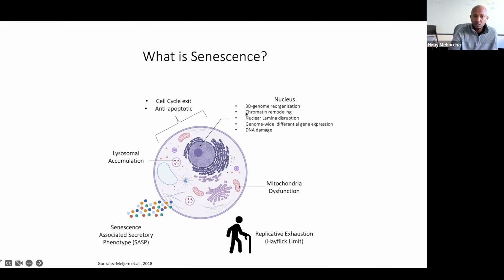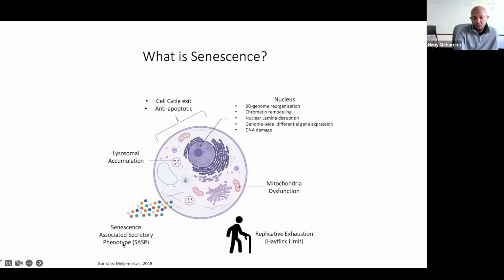But since then, several studies have looked at various features, such as changes in 3D genome organization, chromatin structure, nuclear lamina, and changes in gene expression, as well as accumulation of DNA damage. In addition to that, there are organelle dysfunctions, such as mitochondrial and lysosomal dysfunctions. And these cells are actually toxic to the tissue microenvironment because they release this senescence-associated secretory phenotype.